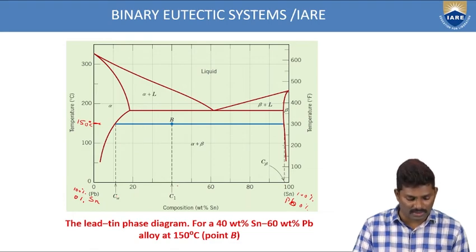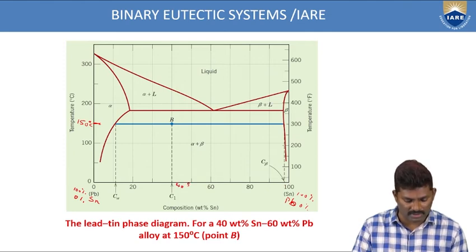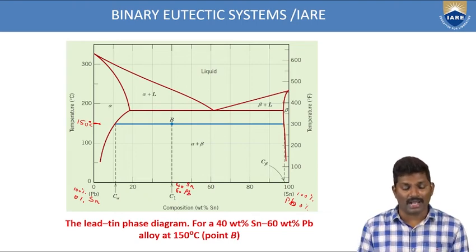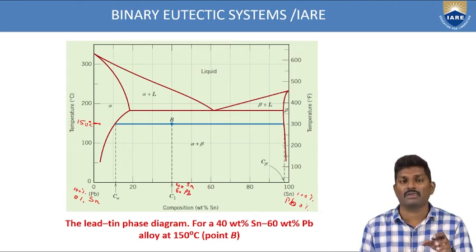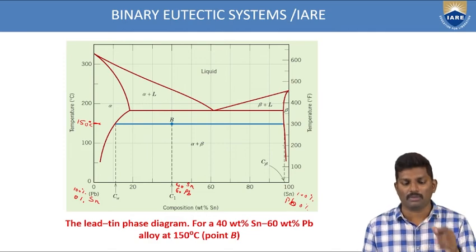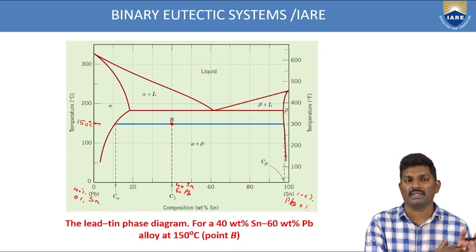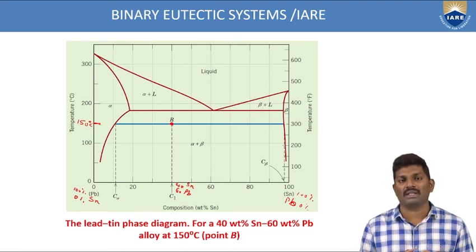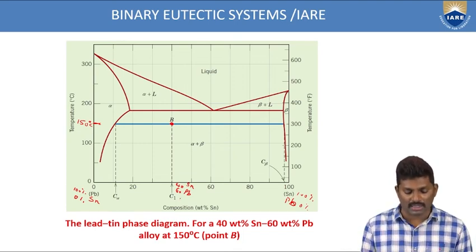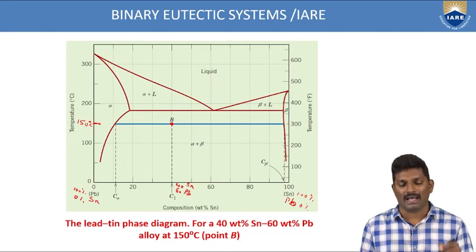So this is 40 weight percentage of tin and 60 weight percentage of lead. This is the point we have. So we are drawing at 150 degrees centigrade that point B. First of all, we have to locate that point B. This point B is located corresponding to 150 degrees centigrade, and if you draw the perpendicular, you can identify the compositions of 40 and 60% of tin as well as lead.